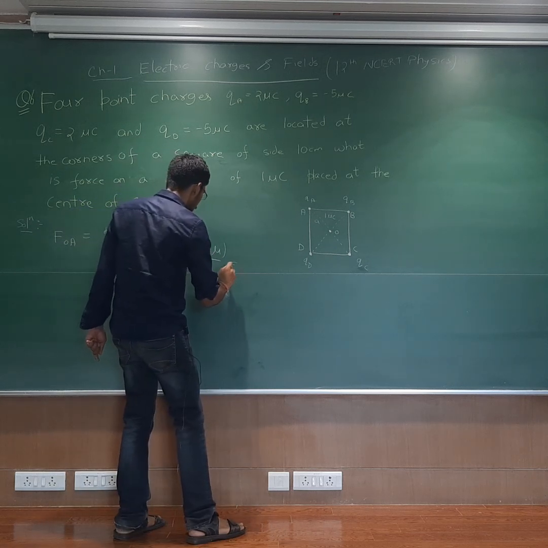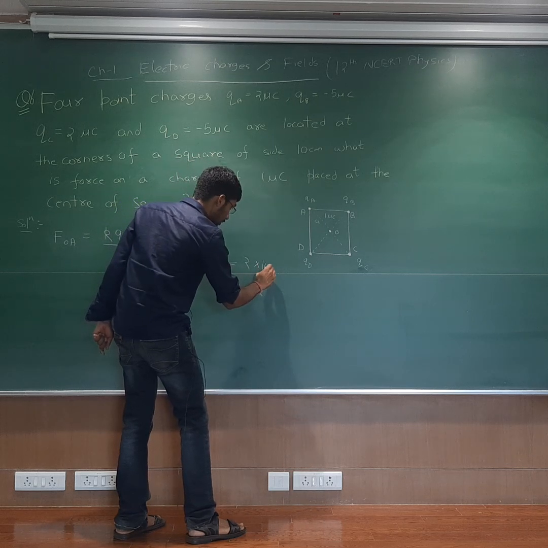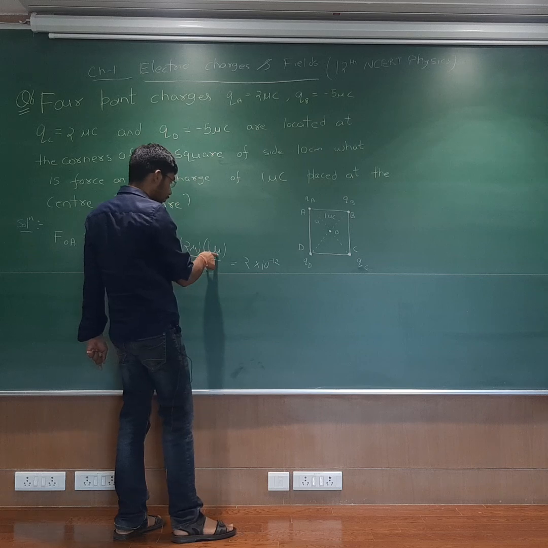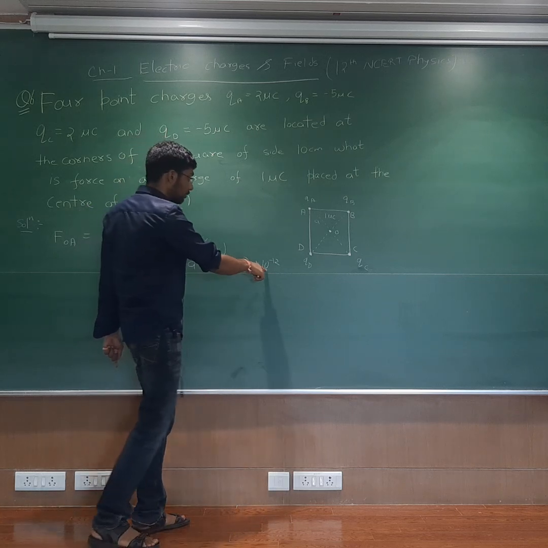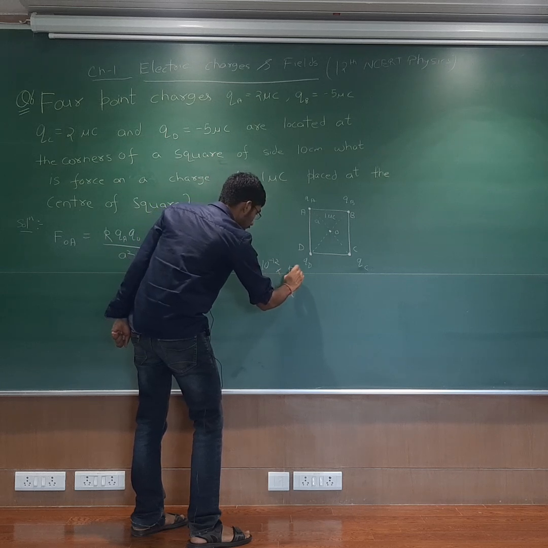So this comes out to be 2 into 10 to the power minus 12, into K by A square.